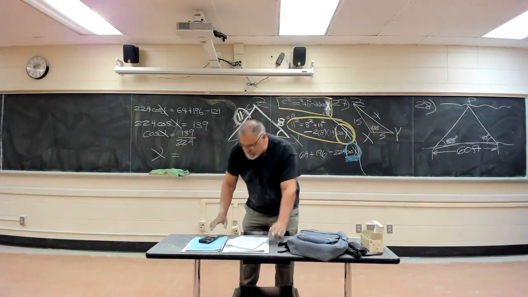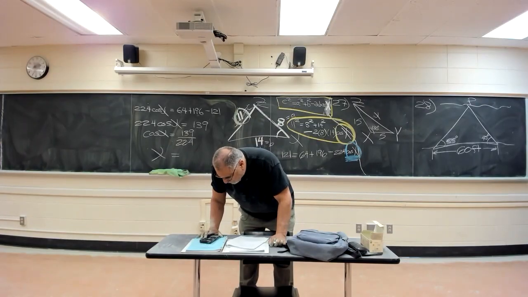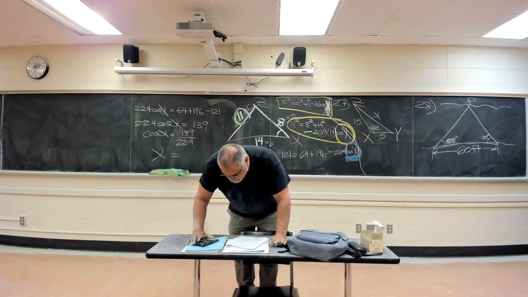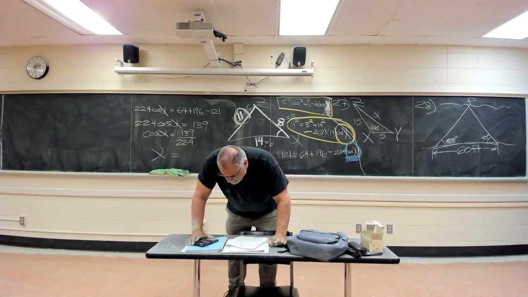Like I said, it's not necessarily an easy way to look at it. It's about the only way you can do it. It's not real difficult, but as you can see, it's a little on the tedious side.